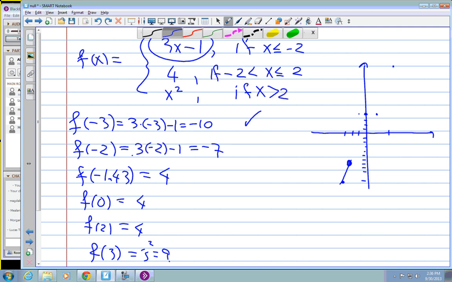So it has a line that goes all the way there and then just stops here. I'm making a big fat dot because that point is on that line. Then it makes a jump, because it says right there it stops at negative 2. And so then it makes a jump. It turns into a constant.